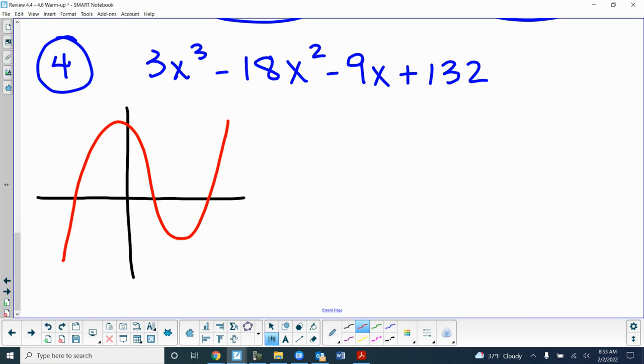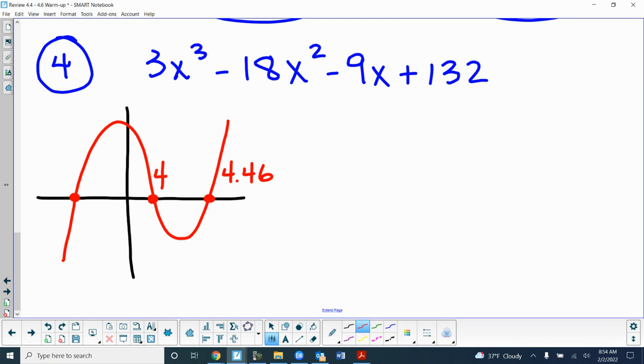So we have this 0, this 0, and this 0. Using the calculator, looking at the table, that's a positive 4 whole number. When you use second trace 0, this is 4.46, or if you put 4.5, that's okay.